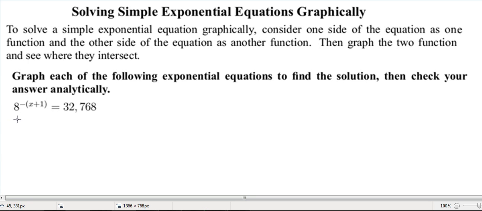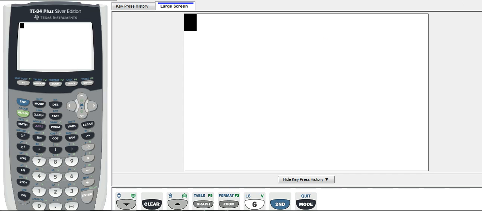We're given the problem x raised to the negative 1 times the quantity x plus 1 equals 32,768. So we're just going to enter the left side of our equation into y sub 1 and the right side into y sub 2, find out where they intersect, and that should be our solution.